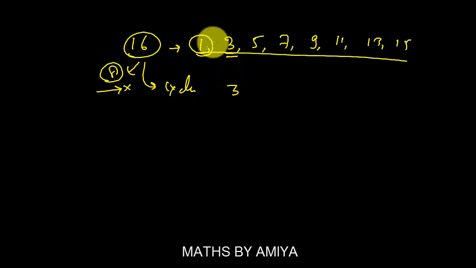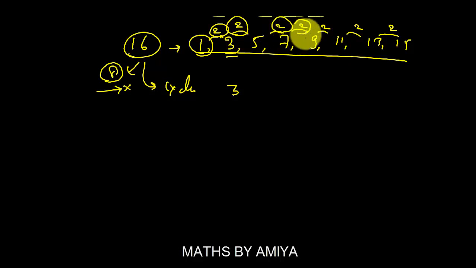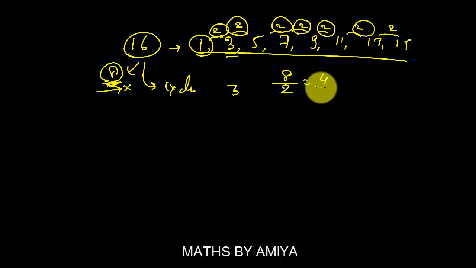Since we just jumped 1, the gap is 2. If you check the gap between 2 consecutive co-primes, the gap is 2, so we are always missing half of the co-primes. The cyclicity should be 8, but the gap between 2 consecutive co-primes is 2, so we can say the cyclicity will be 8 by 2, which is nothing but 4. So the cyclicity of 16 is 4.